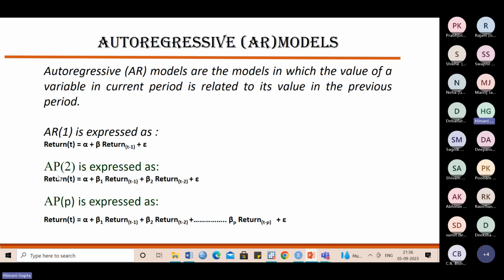If today's value depends on yesterday's value as well as 2 days back, it becomes AR2. If today's value depends on p number of previous values, it will be ARP. Whatever number of lags you are taking, that will be the order.